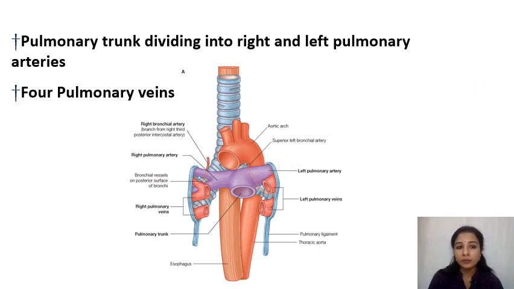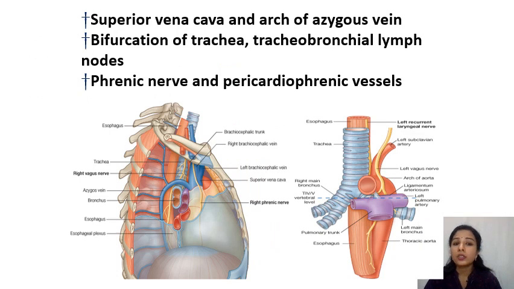And also the termination of the 4 pulmonary veins into the left atrium posteriorly. They are also contents of the middle mediastinum. Then the termination of the superior vena cava and the arch of azygous vein.